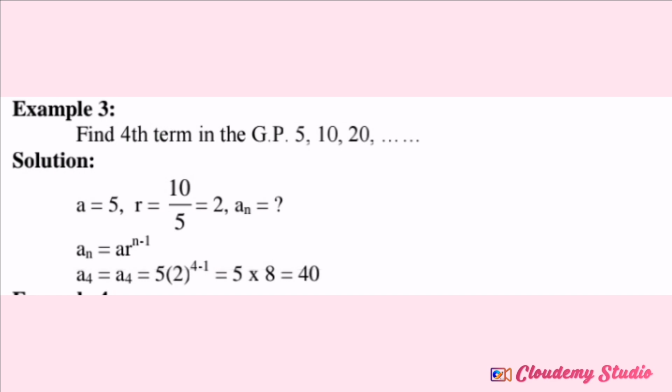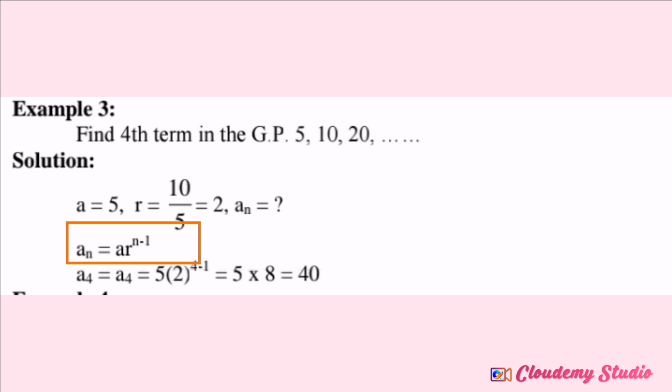Next, find the fourth term in the geometric progression 5, 10, 20, and so on. Here, the value of the first term a is 5, and the value of r is 10 divided by 5, which is equal to 2. We have to find a_n, but we know that a_n is equal to a r raised to the power n minus 1.